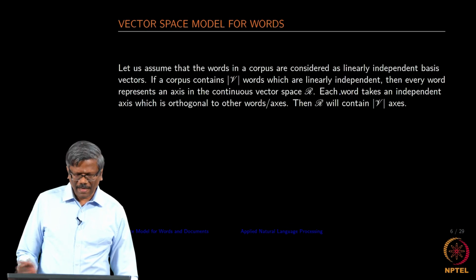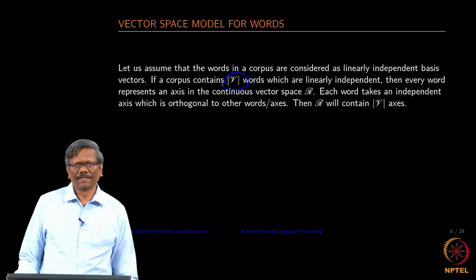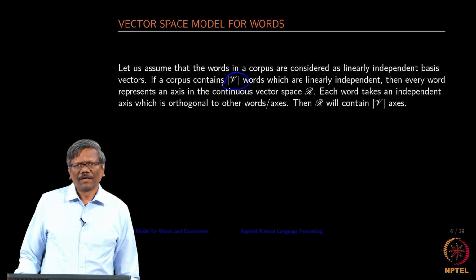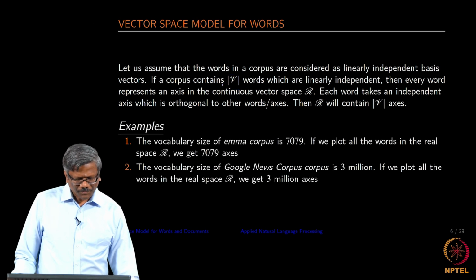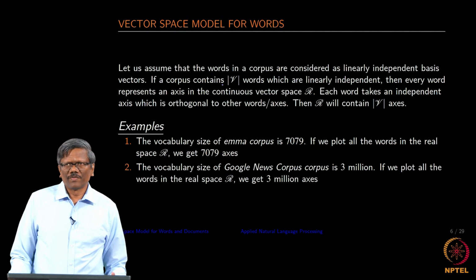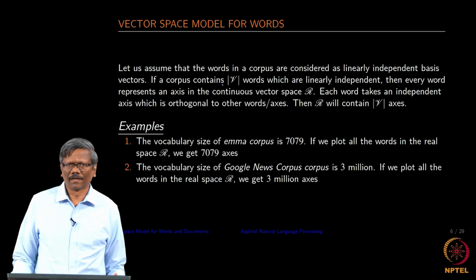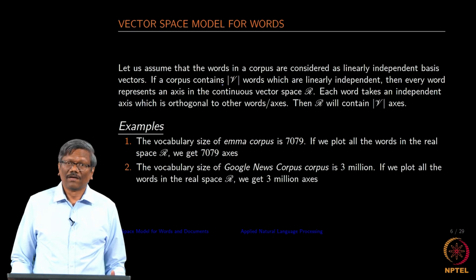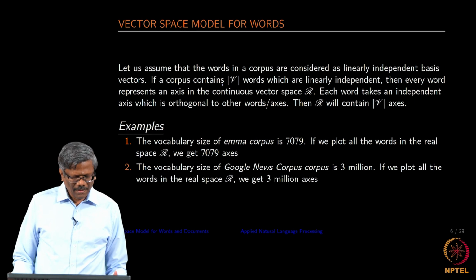So, that means if you have a vocabulary of size V, we are going to have V axes in that particular vector space. I am giving two examples here. I am sure you know that the vocabulary of any language is more than 10,000. In the case of English, it is more than a million.